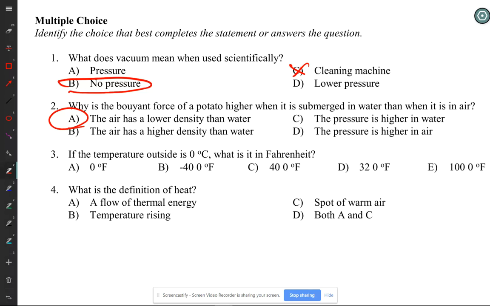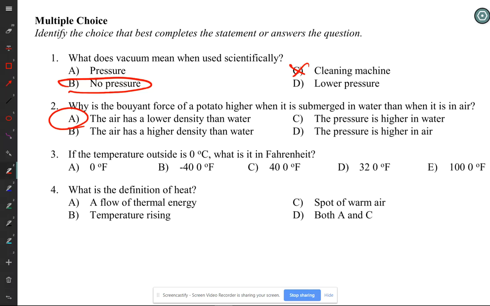So when you push it down, I was thinking of the pressure. But the key is you can take air and you can pressurize the air, and it's not going to make the potato float up. Right? So it's not the pressure, it's the density.